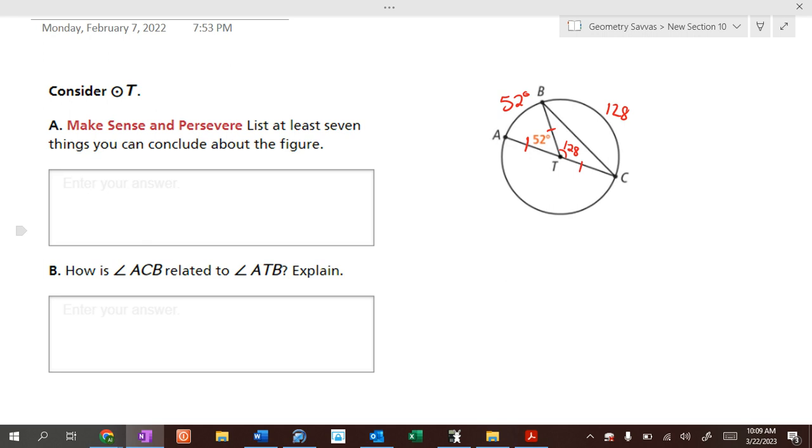Isosceles. So we know by the isosceles triangle theorem, this angle is congruent to this angle. So how big are angles TBC and TCB? How big are those two angles? 26 each, right?